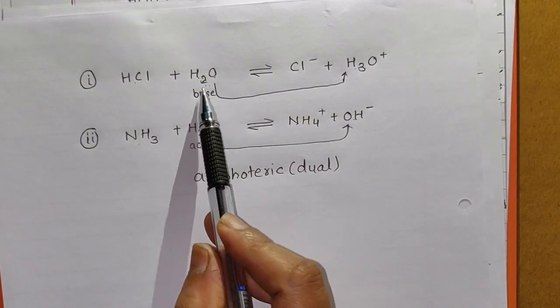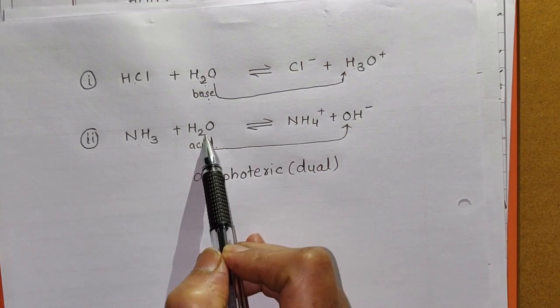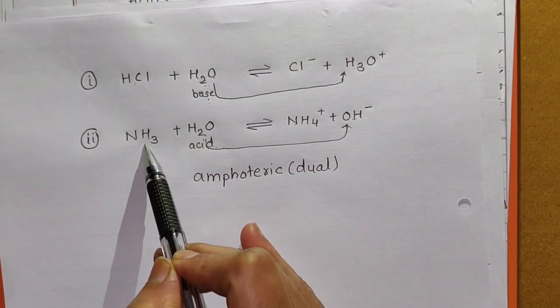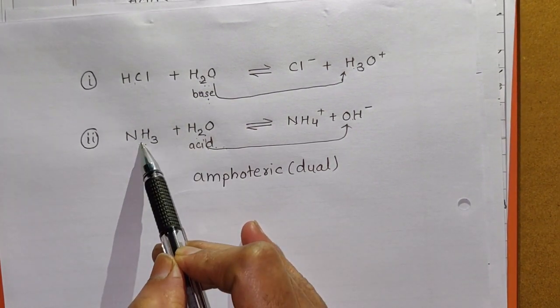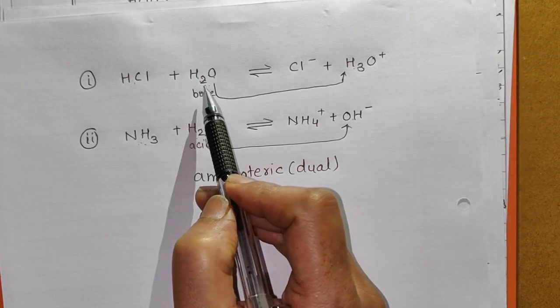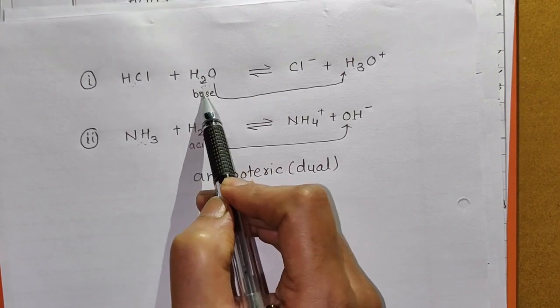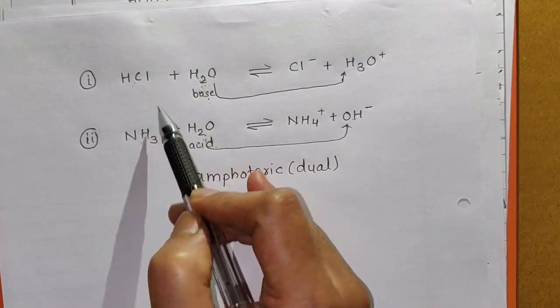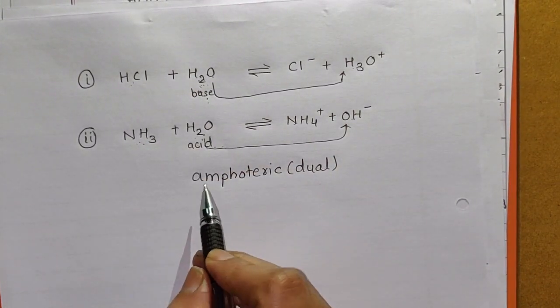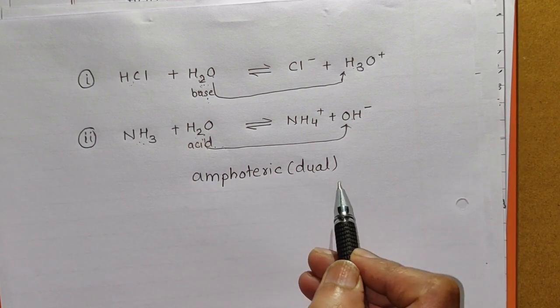Now, water can work as an acid in presence of a base which is stronger than itself, and water can work as a base in presence of an acid which is stronger than itself. This dual nature of water is called the amphoteric nature of water.